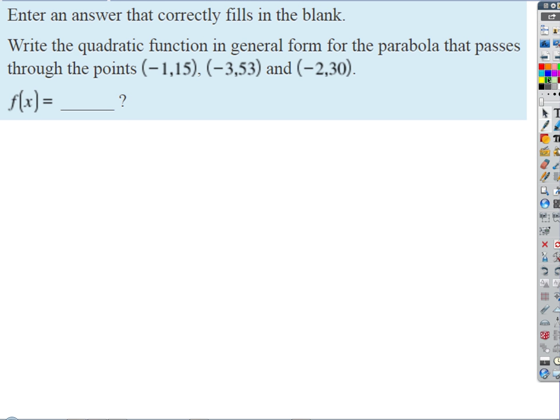And so, if we're going to fit this to, once again, the general form for the parabola, the quadratic equation is just y equals ax squared plus bx plus c, sorry.